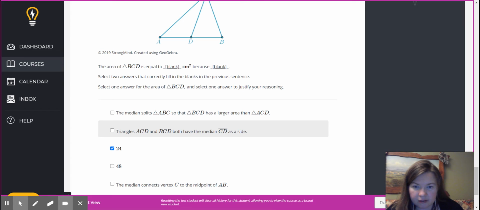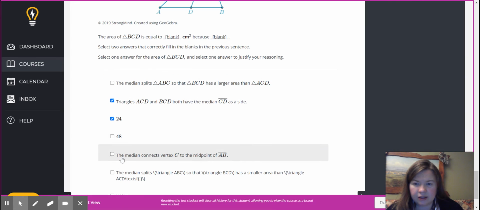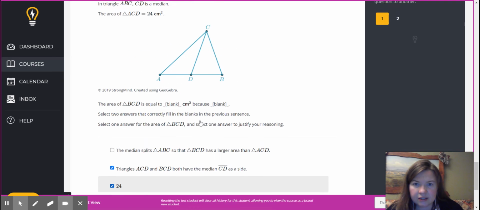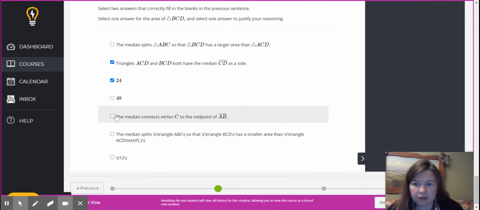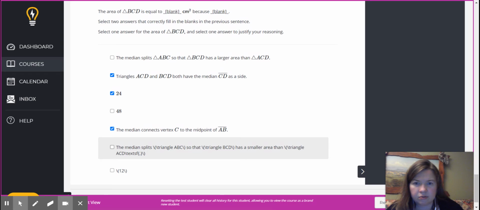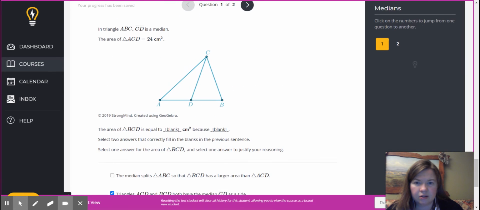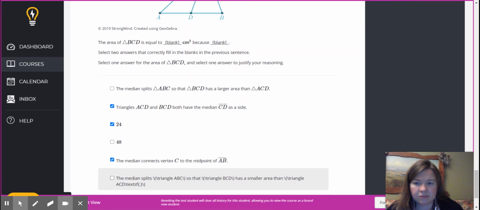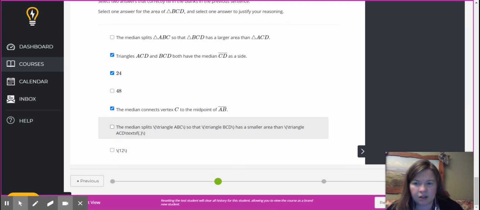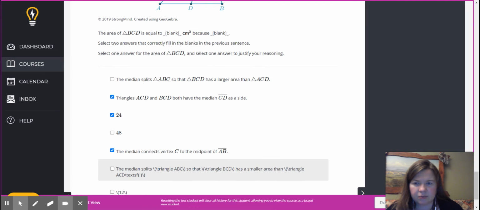Triangles ACD and BCD both have the median CD as a side. The median connects vertex C to the midpoint of AB. That's true. The median splits the triangle so that it has a smaller area than the triangle itself? Nope. With a larger triangle? Nope, they should be the same. It doesn't say that, does it? Oh, no, it's just the number.